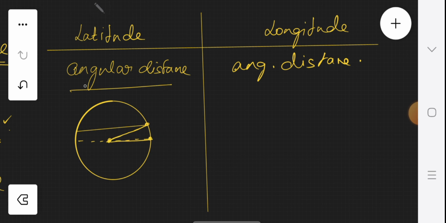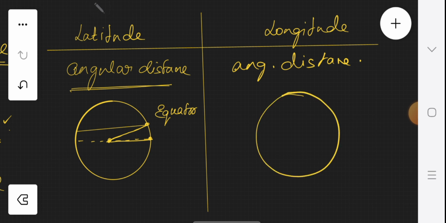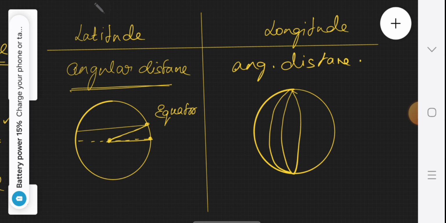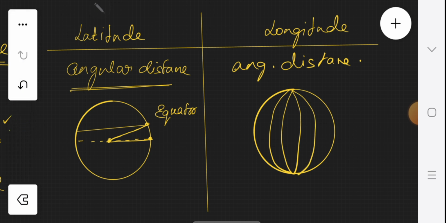When you are taking angular distance of a latitude, you are taking it with respect to the equator. But the same thing with longitude: when you are trying to calculate the angular distance, there is something known as a meridian. When you are talking about longitude, you do not really come across an equator. People have taken something known as the Prime Meridian, also known as the Greenwich Meridian, as a reference point.